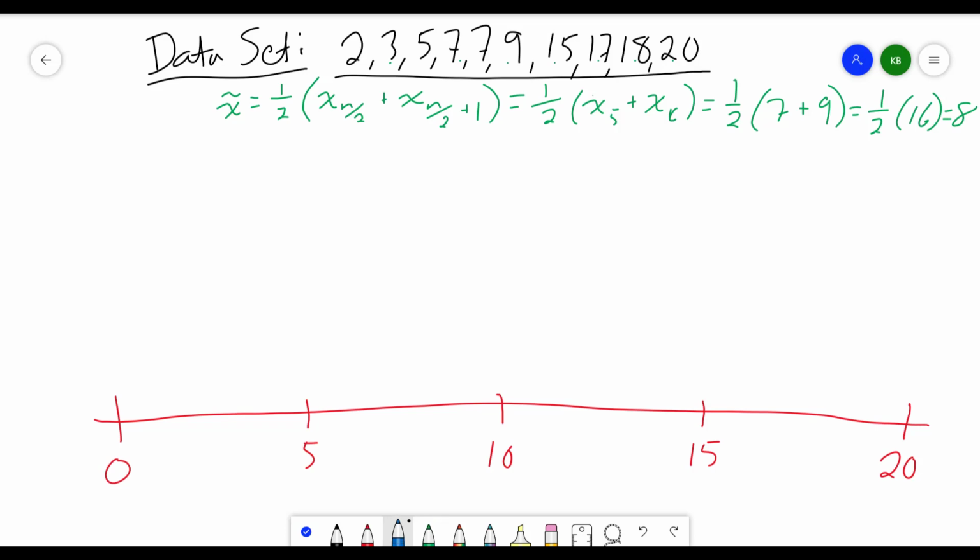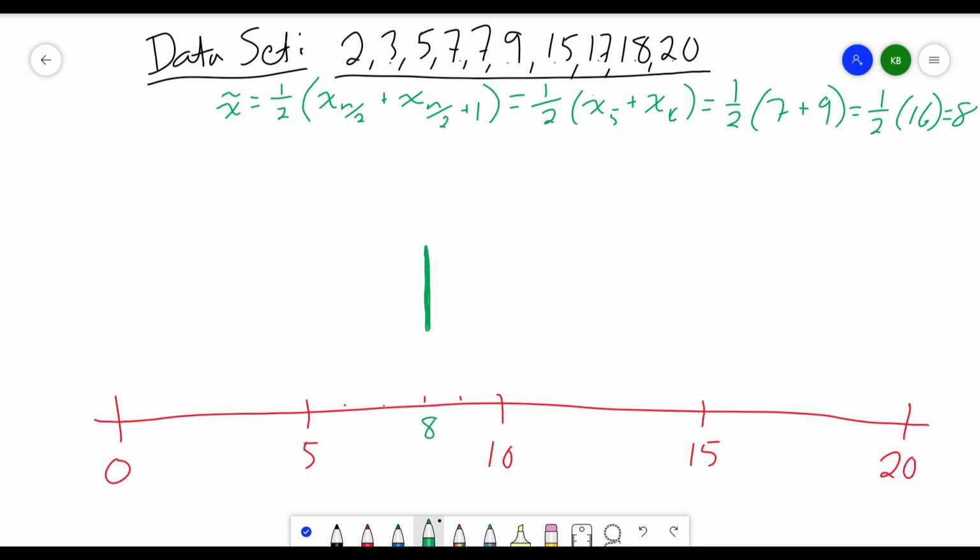So to make my box plot, I'm going to mark 8 on my number line. So this is about 5, 6, 7, 8, 9. So at 8, I make a vertical line like that. And different people do this different ways.